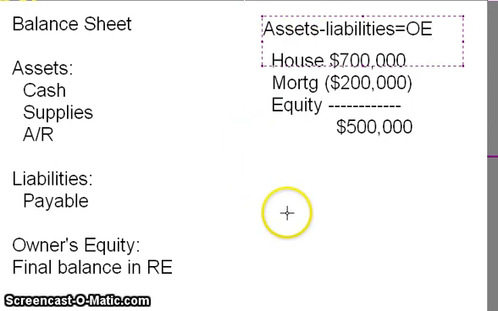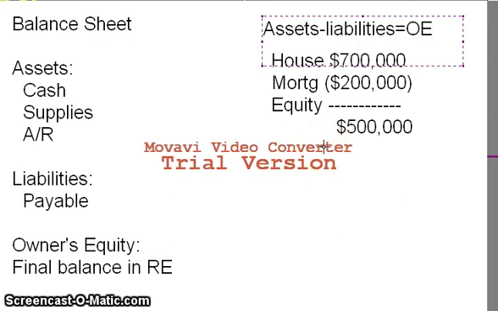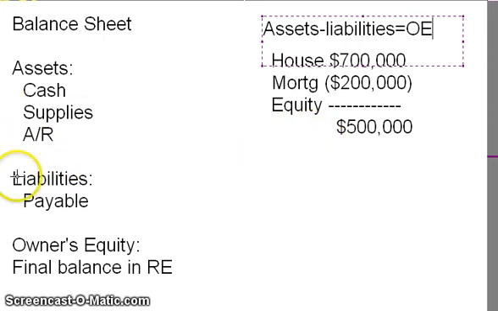If you had all of these assets and you subtracted all the liabilities, everything that you owed to somebody, so everything was paid off, what's left over in your business would be your equity in the business.